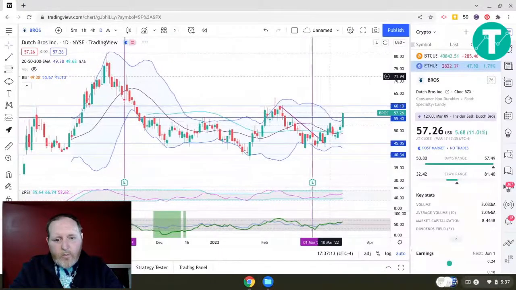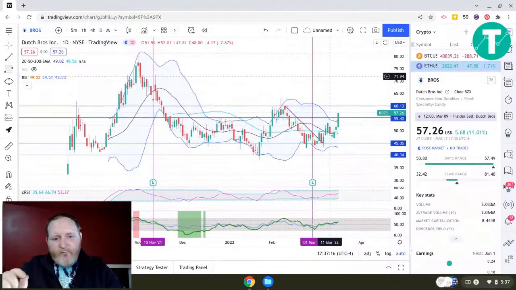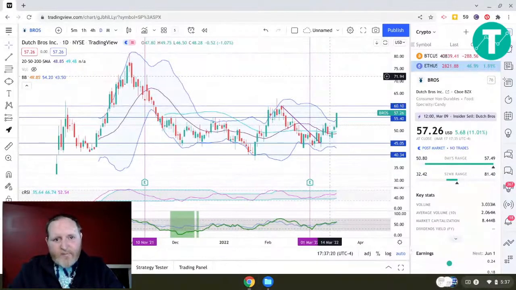Their goal over the next several years is to get to 4,000 shops. That's incredible growth, and it'll take them some time to get there. It's over a several year period, but that's where they want to be. 4,000 shops from over 500 and some right now.